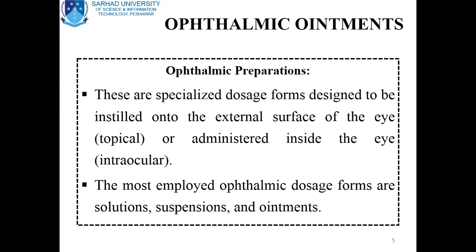For the external surface of the eye, that is used or instilled, that is termed as topical preparation, and that administered inside the eye is intraocular. And I have told you about the several ophthalmic dosage forms, examples including the solutions, suspension and ointments.